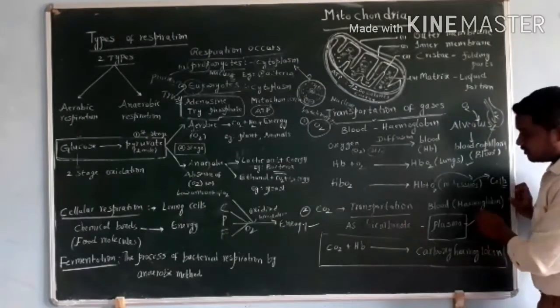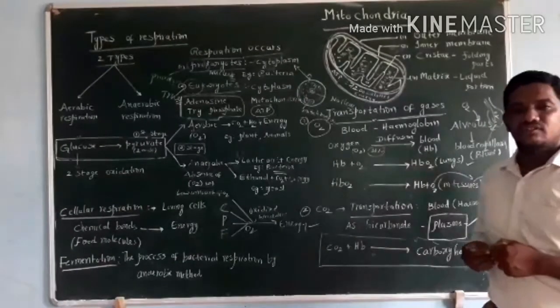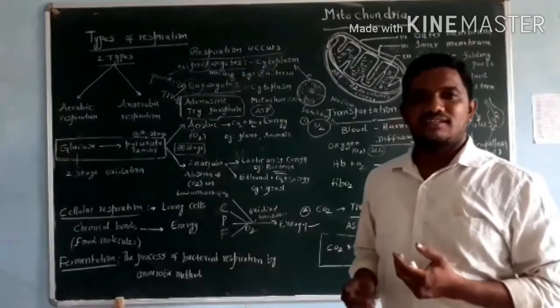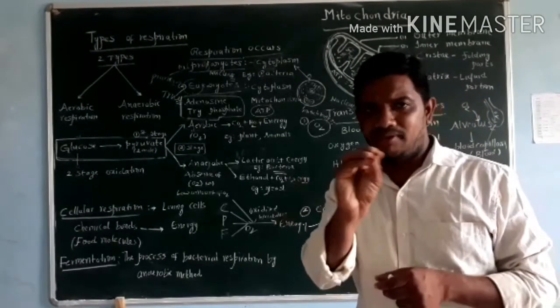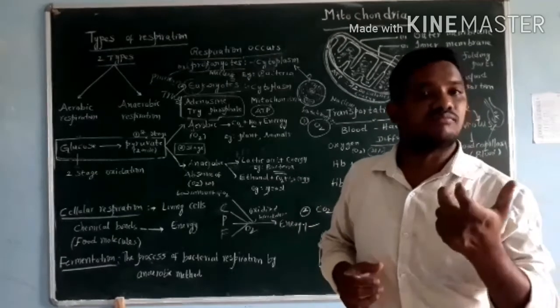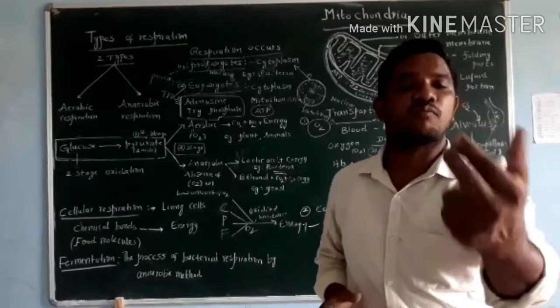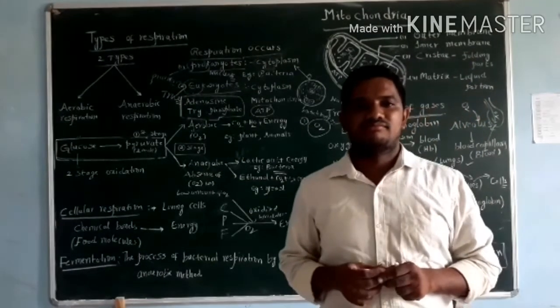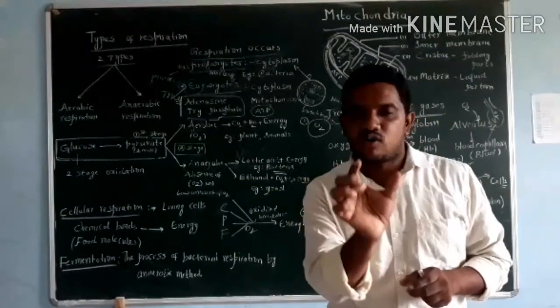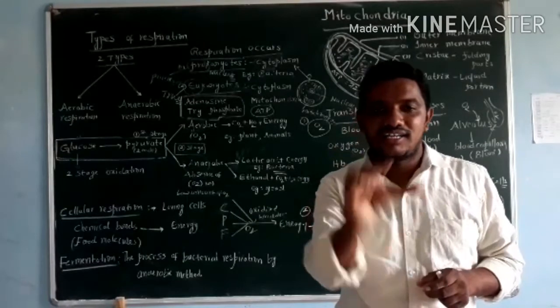It's very important. How is carbon dioxide transported? It is transported by blood only. In which form? In the form of bicarbonate. Where is it present? This bicarbonate is dissolved in the blood plasma.